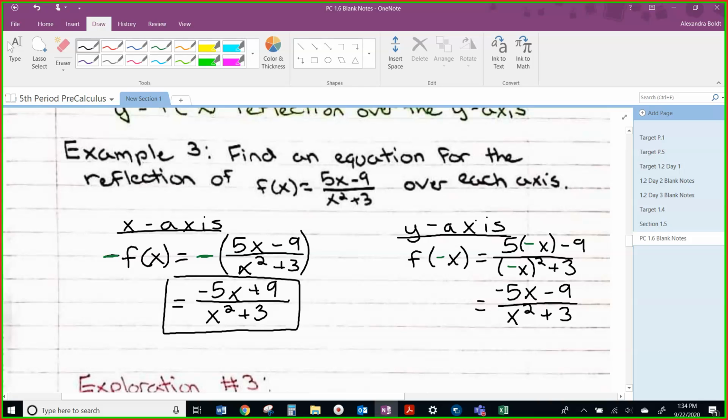So we get negative 5x minus 9 over x squared plus 3. So now these answers are very similar, but we got them doing very different things, okay? So they are different, right? We do have to be careful of which axis we're reflecting it over and where we put that negative.